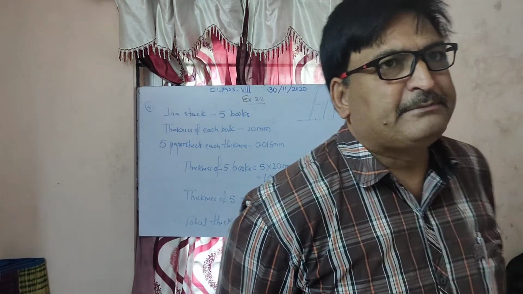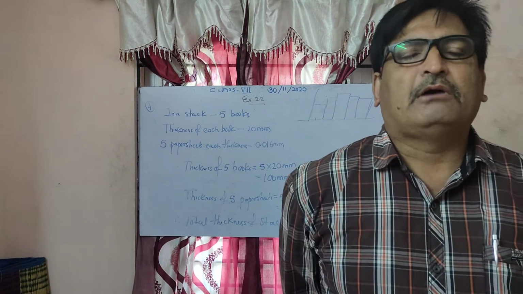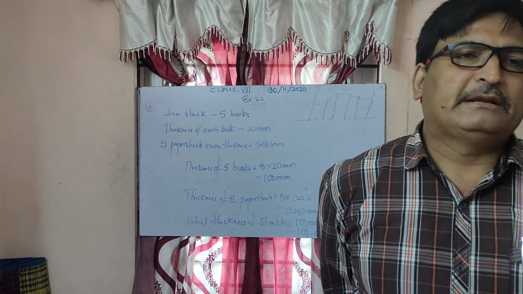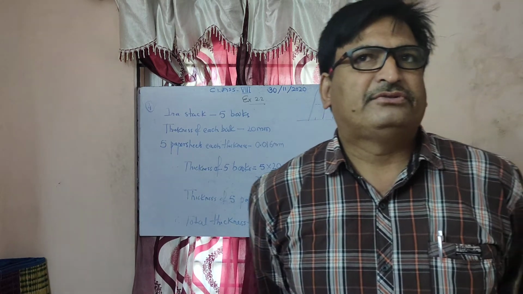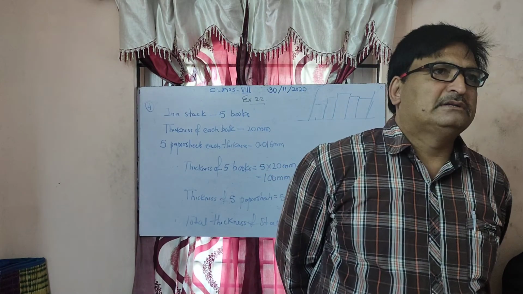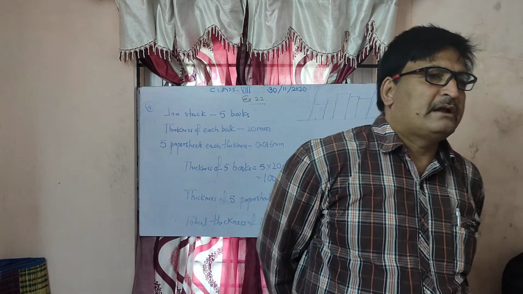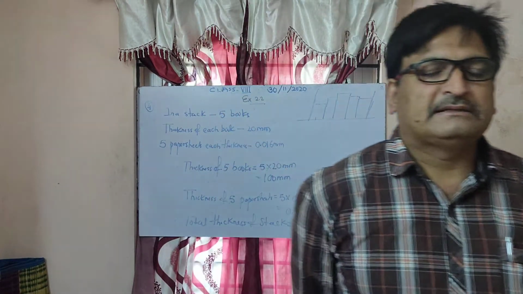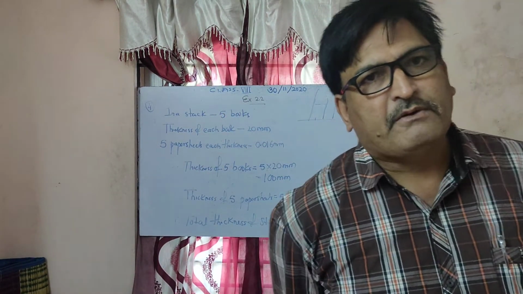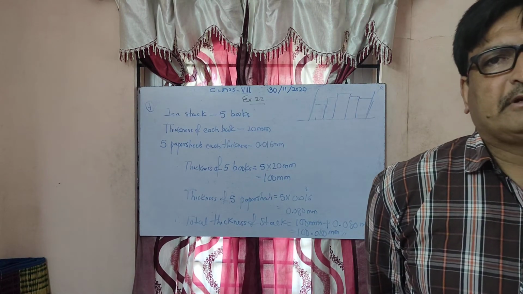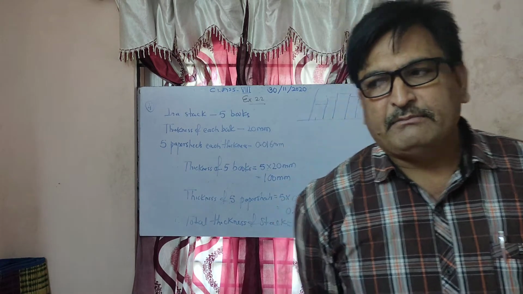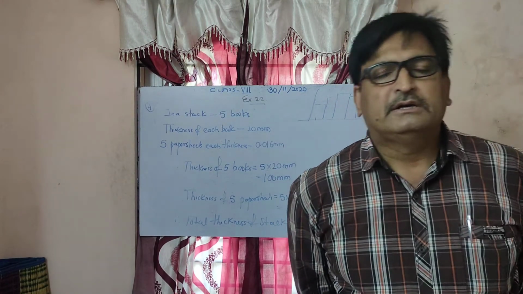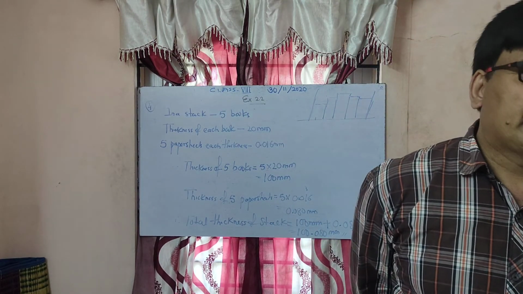First of all, any number can be written in the form of exponents, and there are a few laws of exponents that you have to remember. That is, a to the power m into a to the power n is equal to a to the power m plus n. The second one is a to the power m divided by a to the power n is equal to a to the power m minus n. The third one is a to the power m raised to n, that is a to the power m into n.